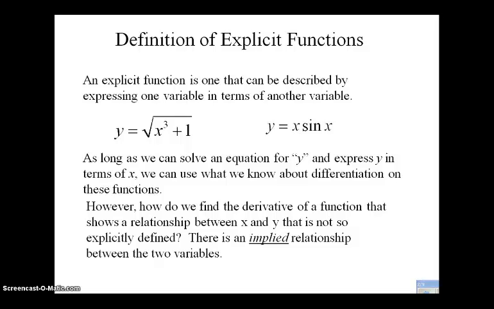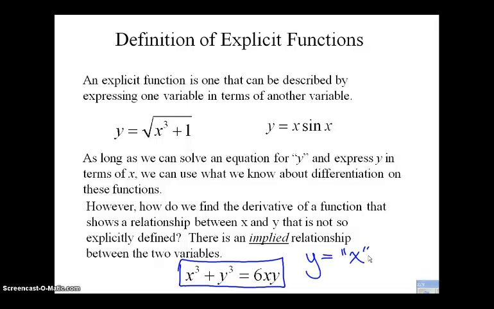Let's say that there is an implied relationship between the two variables, and implied is where the word implicit comes from. Algebraically, at this point in my math career, I cannot solve that and put y completely in terms of some manipulation on x. There is not an explicit relationship here, but there is an implied relationship between x and y. Now, which is the independent variable and which is the dependent variable?